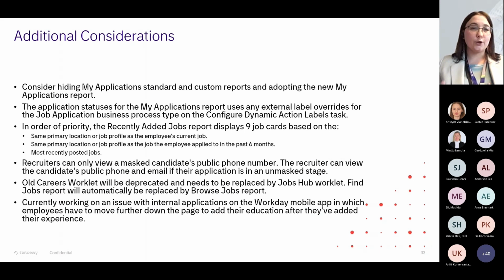Good. So recruiters can only view the candidates' public information, contact information, the public phone number, and the email if they are in an unmasked stage. And if you're using the masked, you can only see the candidate's public phone number. The old careers worklet will be deprecated and needs to be replaced by the Jobs Hub. And the old Find Jobs report will be automatically replaced by the Browse Jobs report.